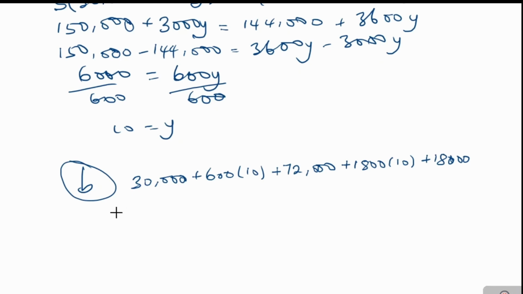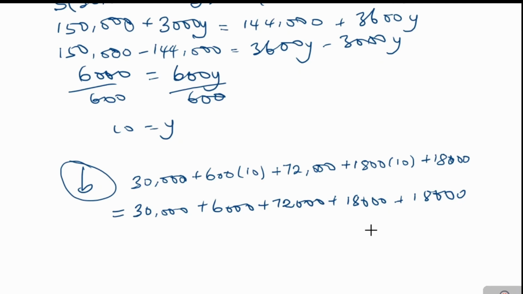Simplifying further, we're going to have 30,000 plus 600 times 10 is 6,000 plus 72,000 plus 1,800 times 10 is 18,000. Then plus consultancy, which hasn't changed, 18,000. Putting all of them together will give us 144,000. And that is the new cost of the building. And that answers the B part of question 7.